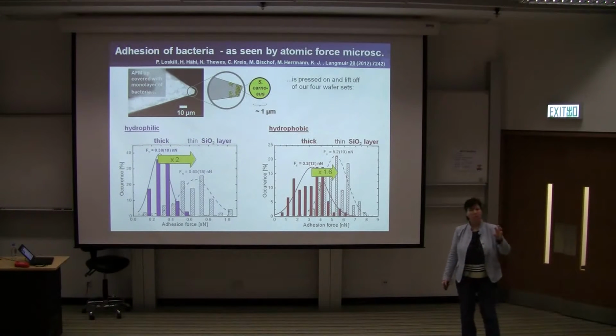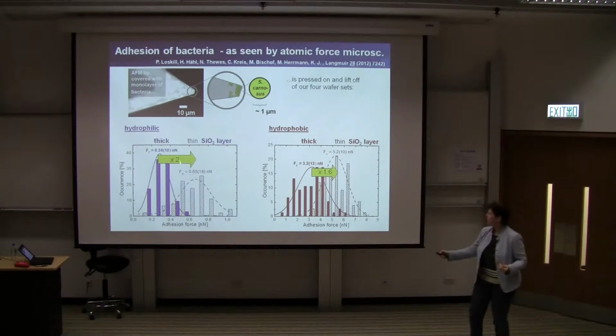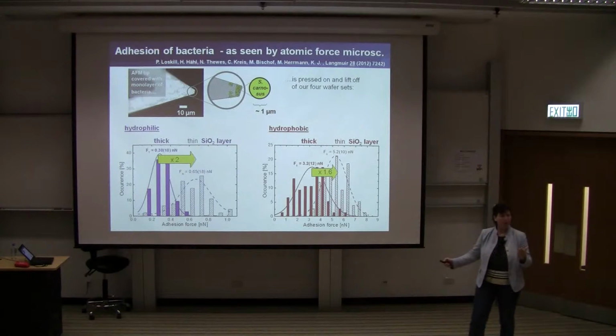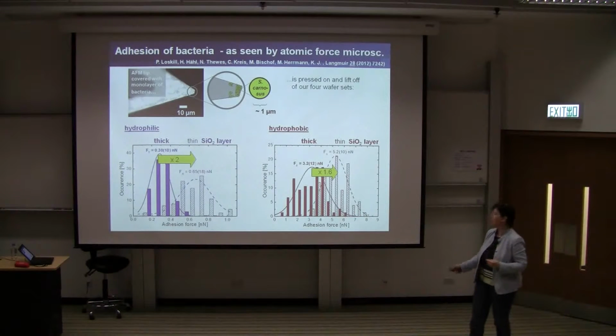This is because the adhesion in bacteria is mediated by proteins. And obviously the proteins that are living on the cell wall of a bacterium love the hydrophobic surfaces more. So here, van der Waals forces make up for a difference of a factor of 2, but short-range Born repulsion due to the chemical composition of the surface makes up for an order of magnitude of force.